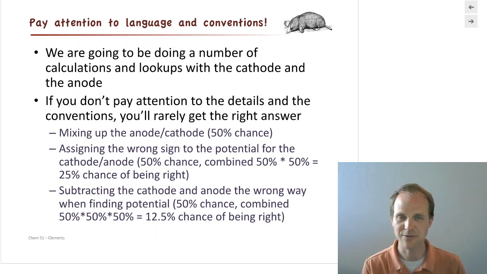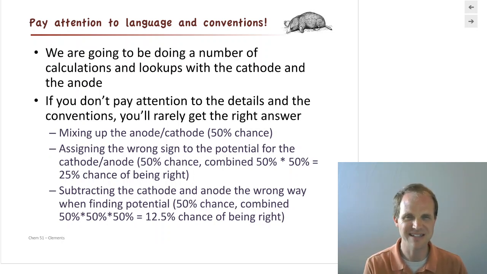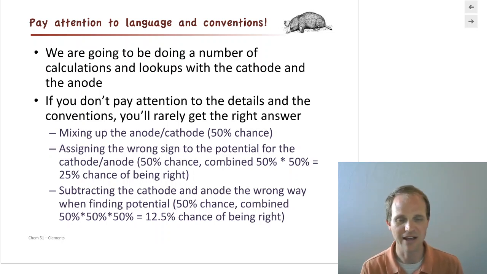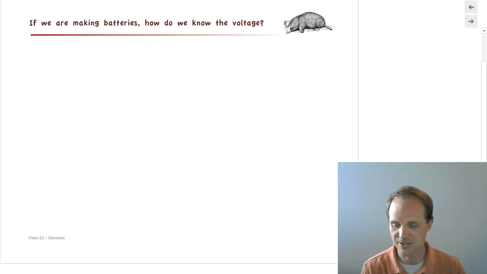So we really do have to pay attention to all the details unless you want a grade of 12%. Yeah, I didn't think so. So, got to pay attention to the details. What are the signs on all these things? It's going to be really important to keep track of those negatives and those positives and what they mean, subtracting the right thing from the wrong thing, all that kind of stuff. We're going to be a little bit meticulous in this chapter in order to get these right.